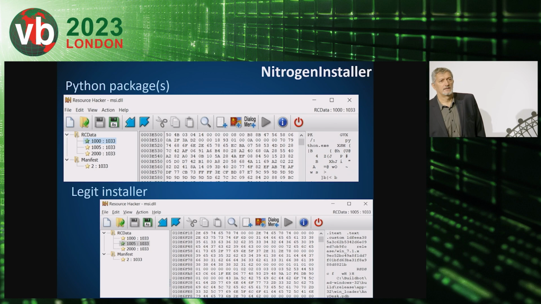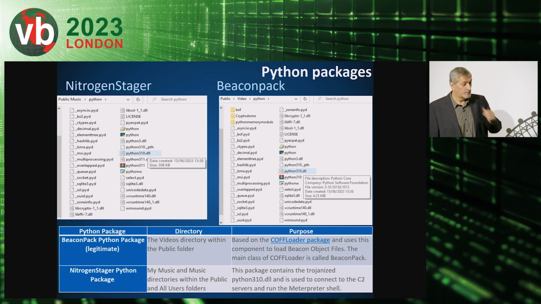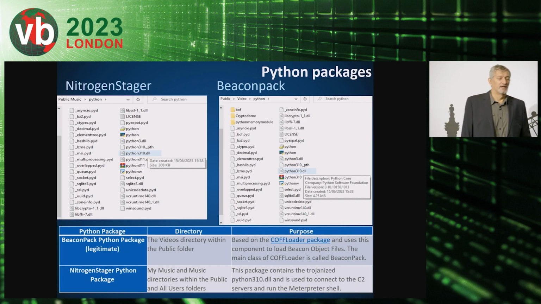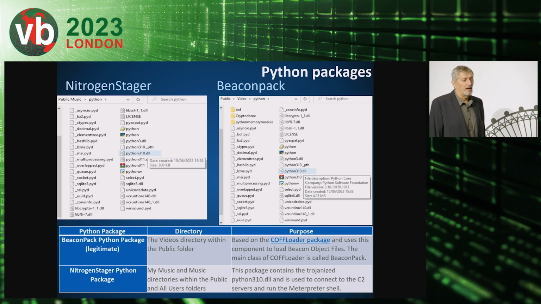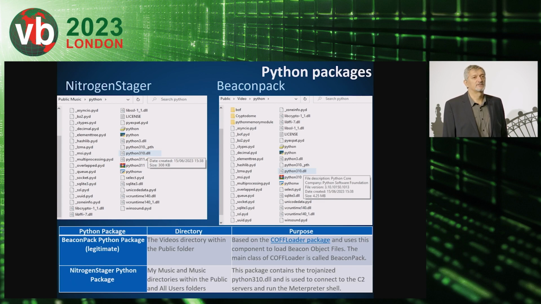Anyway, this MSI DLL file contains a couple of packages in the resource section: two Python packages and the legit installer. Of the two Python packages, one of them is a legit clean one. It is based on the CoffLoader project. And the other one is the Nitrogen stager, which will load and execute the Meterpreter shells.